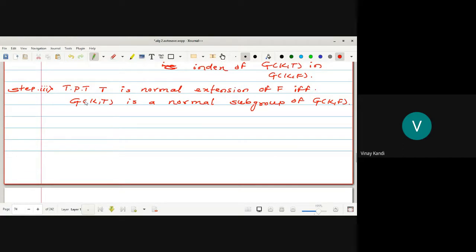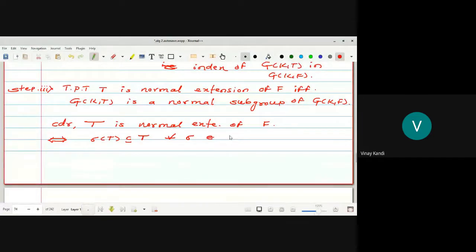Consider first that T is a normal extension of the field F. Now this statement implies that sigma of T is contained in T for all sigma belonging to G(K/F).